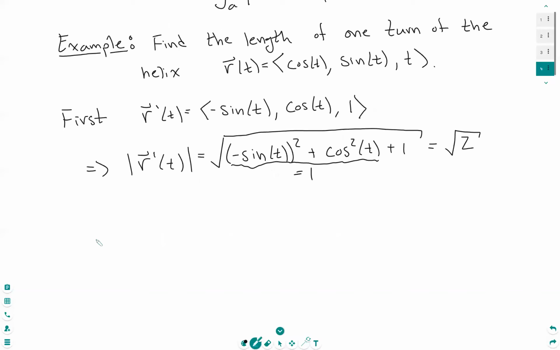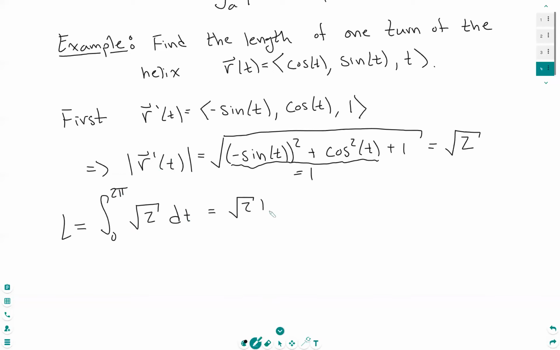So we can go L is equal to the integral from 0 to 2 pi. We have the square root of 2, which is the magnitude of r prime, dt.